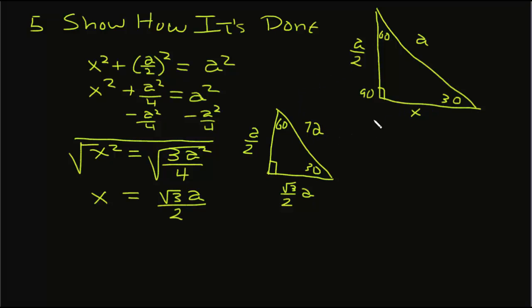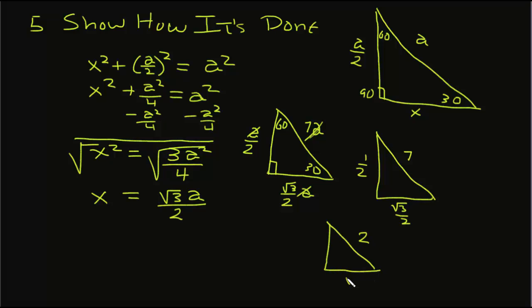If we do that, all the a's would disappear, and we would have this triangle: square root of 3 over 2 whatever units, 1/2 of whatever units, and 1 of whatever units. And if we tidied things up, getting rid of the fractions by multiplying all the sides by 2, we'd end up with this triangle. That would be 2, square root of 3, and 1 for our 30, 60, 90 triangle.